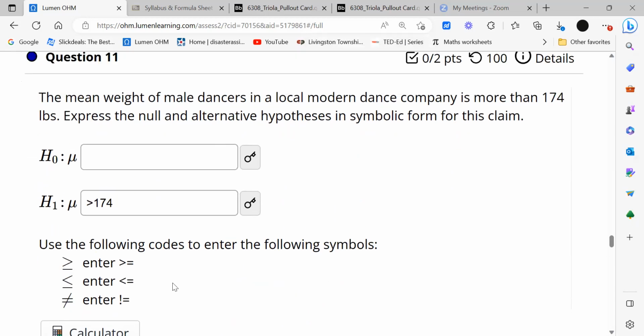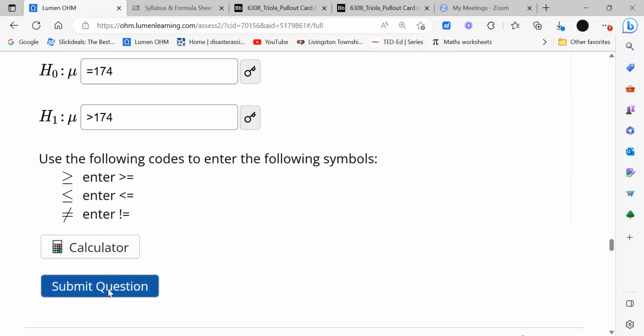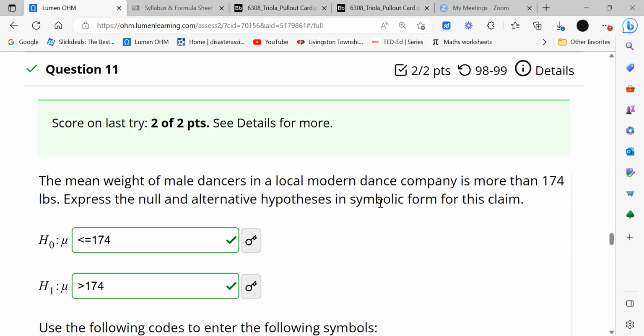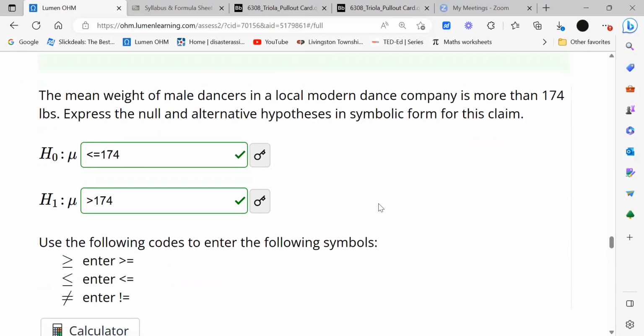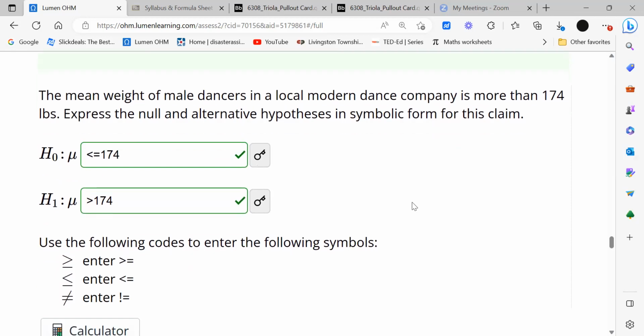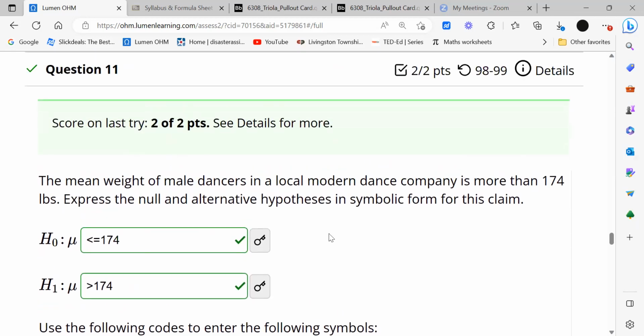The null hypothesis can be either one of these: equal to 174, or less than or equal to 174. Either is okay, as long as the alternative hypothesis is mu greater than 174. Any question about this?